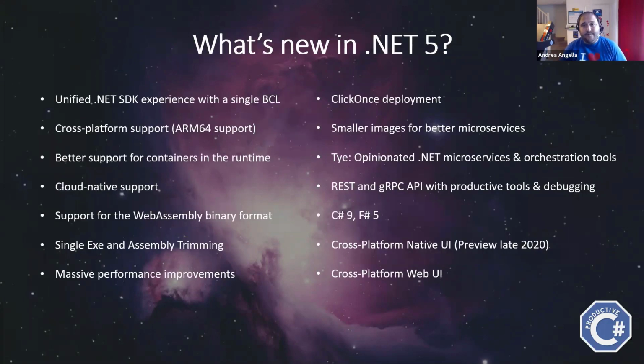There's a lot of stuff new in .NET 5. I'm not going to get into the details because this webinar is specifically on C#, but I want to cover very, very briefly some of the key and exciting things .NET 5 brings to the table. So as I said, a unified .NET SDK experience, a single base class library, so you don't need to worry anymore about different runtimes. Cross-platform support, running on Windows, Linux, Mac OS, and so on.